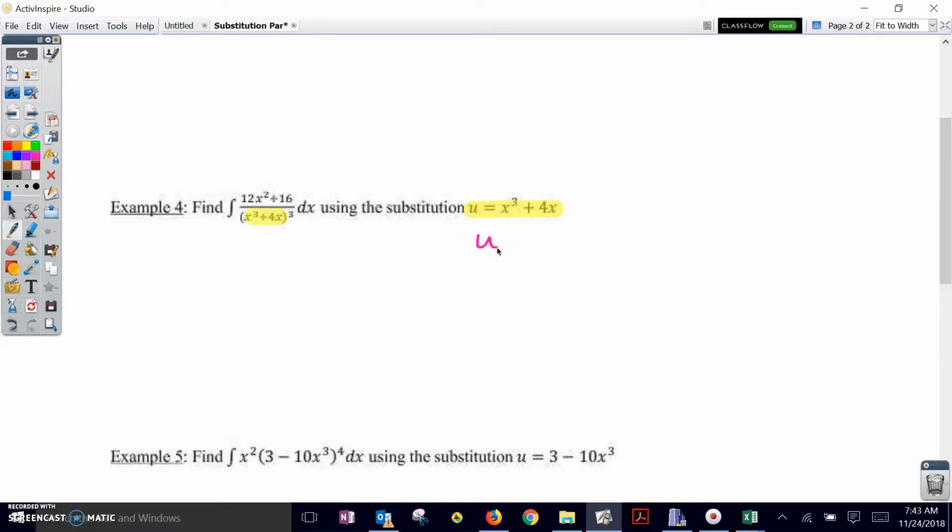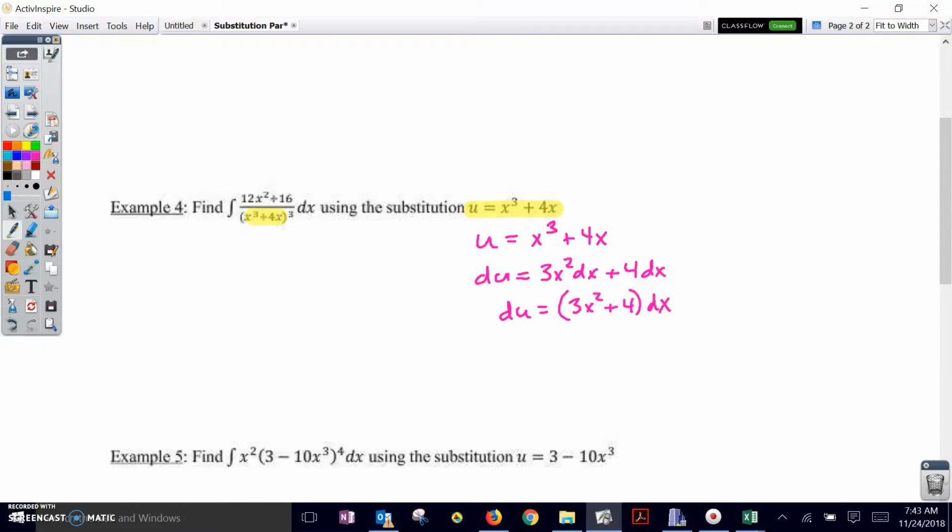So we'll go through this much like we did the other ones. We've got u equals x to the third plus 4x. And so du is equal to 3x squared dx plus 4dx, or factoring out the dx, the quantity 3x squared plus 4 times dx.